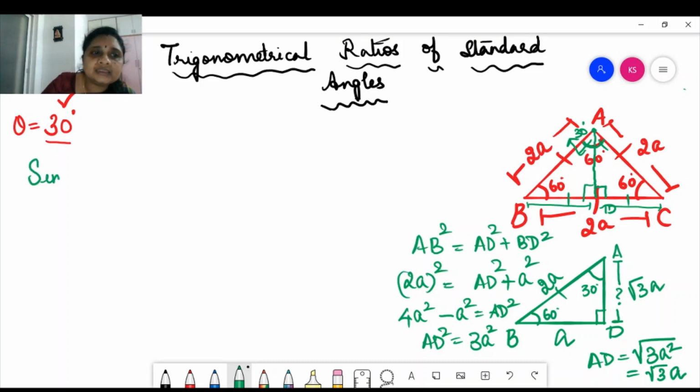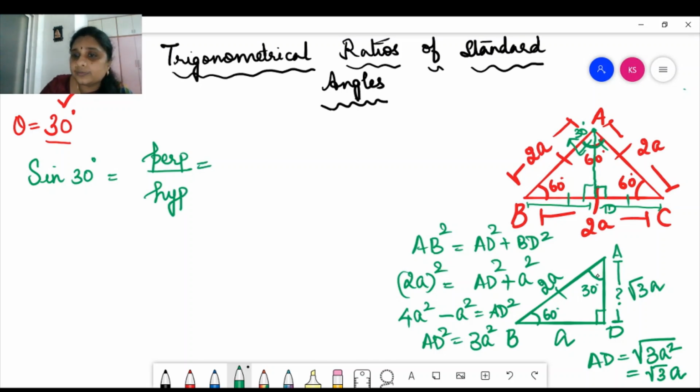So sine 30, as I have already told you, is the perpendicular by the hypotenuse. What's the perpendicular of this triangle for 30 degrees? The side that's opposite to it, that's nothing but A, by the hypotenuse, which is 2A. So A gets cancelled. It's 1 by 2. So sine 30 value is 1 by 2. Now we'll move on.